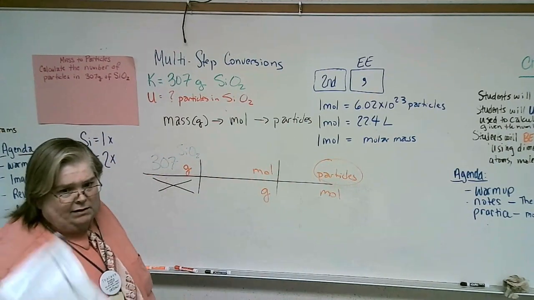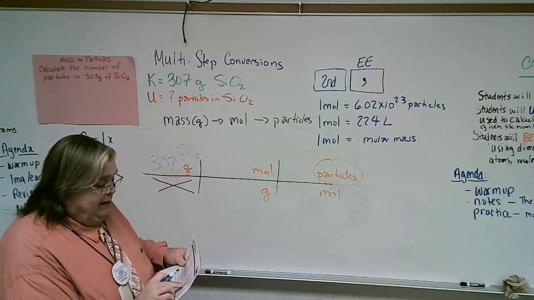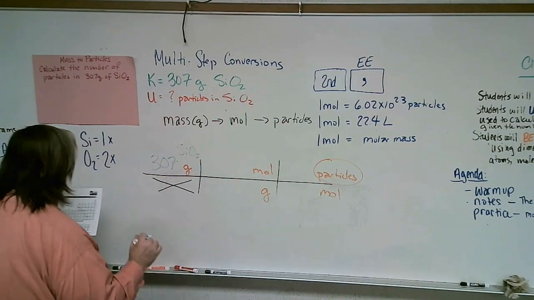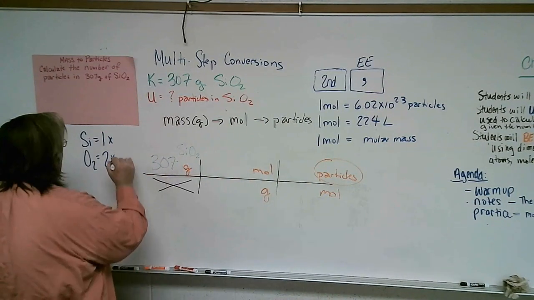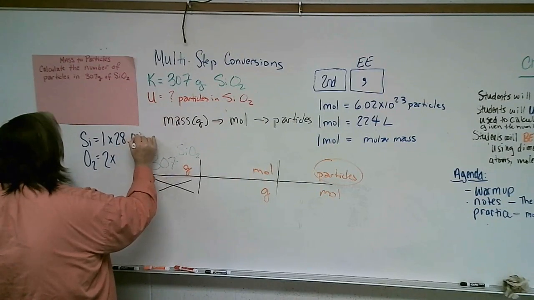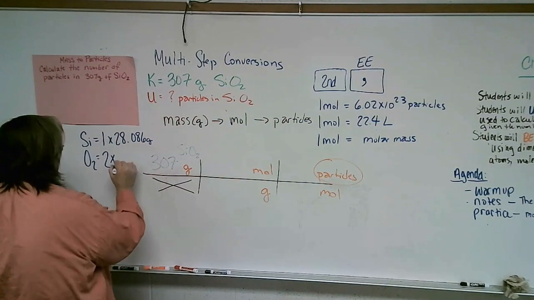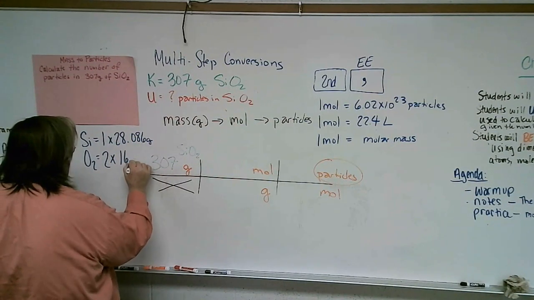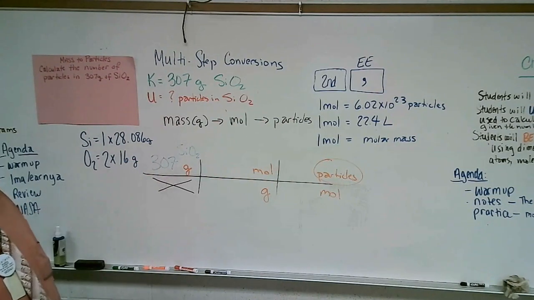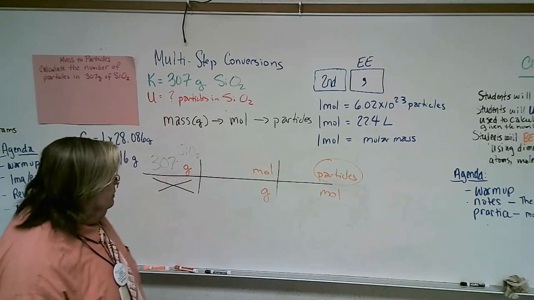So if we get out our periodic table and we look at Si, the molar mass of silicon is 28.086 grams, and oxygen is 16 grams. So 2 times 16 is 32.